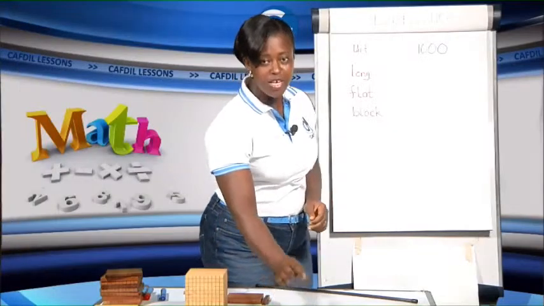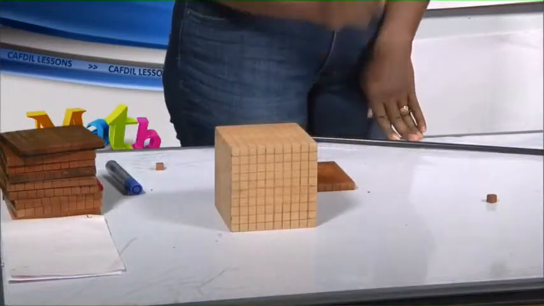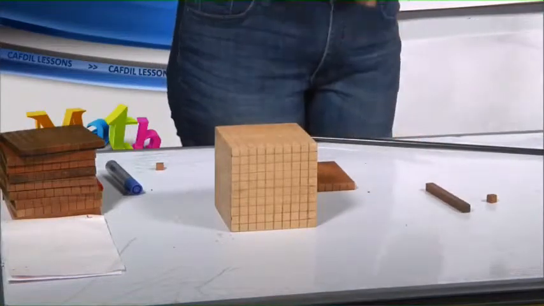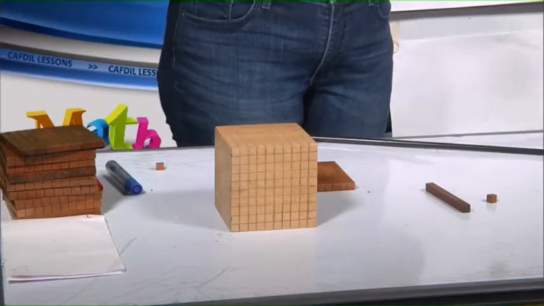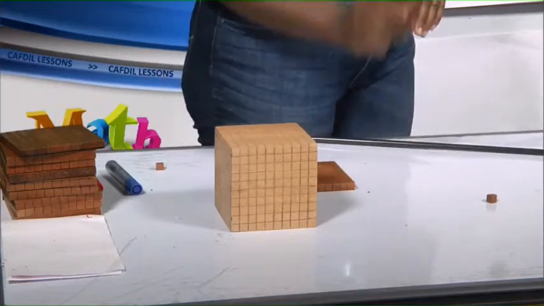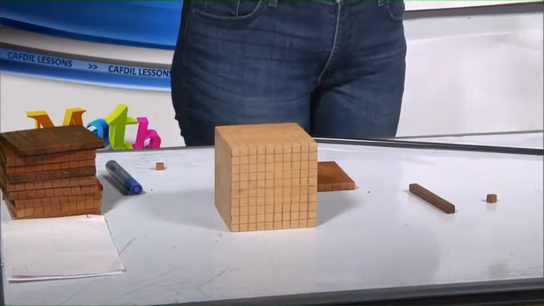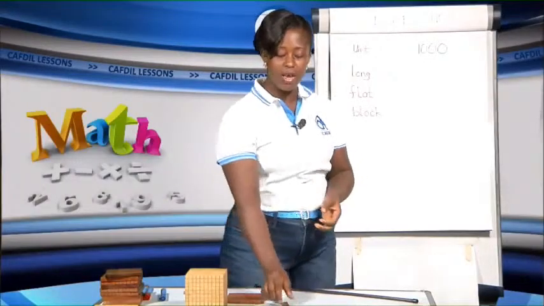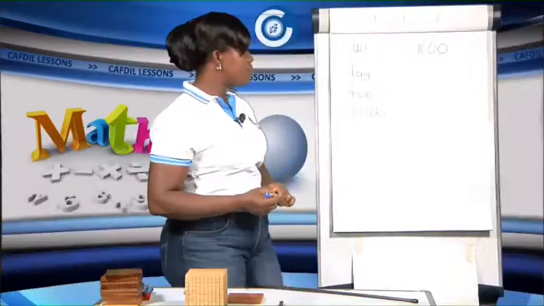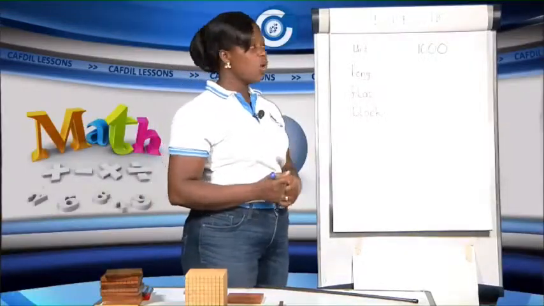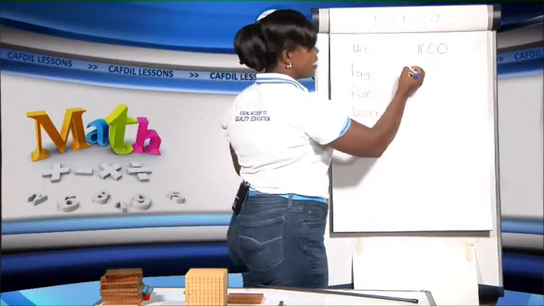If a unit is 1,000 and 10 of the units will give us a rod, then what is the value of the rod? The value of the long will be 10,000.